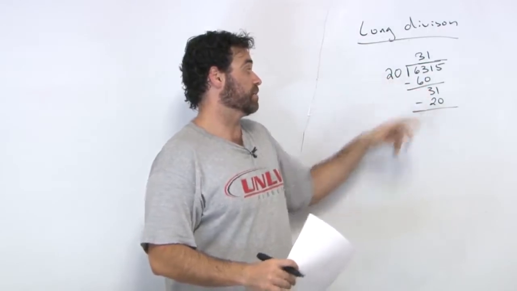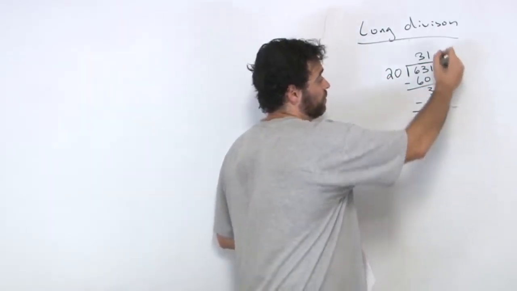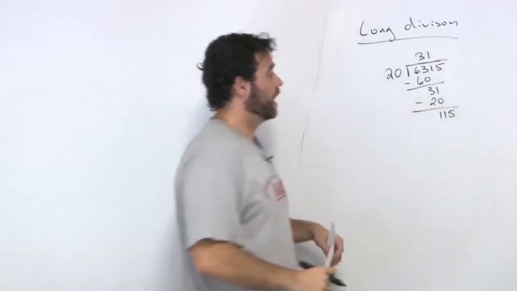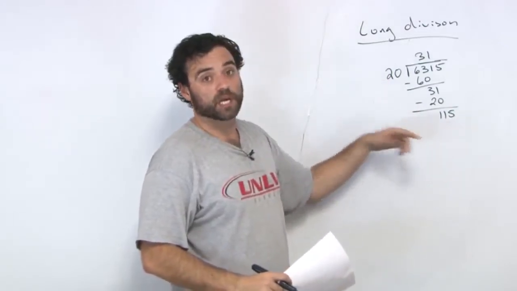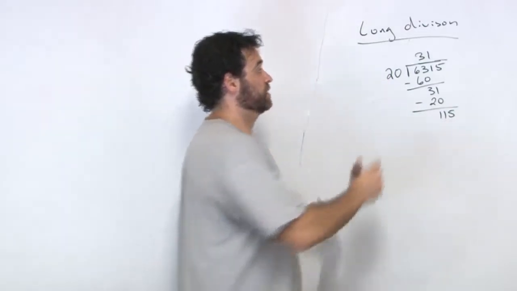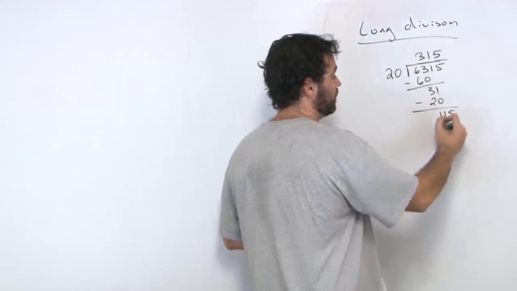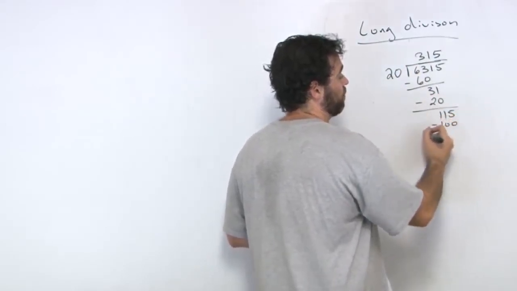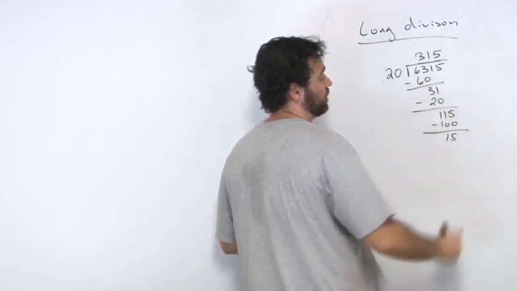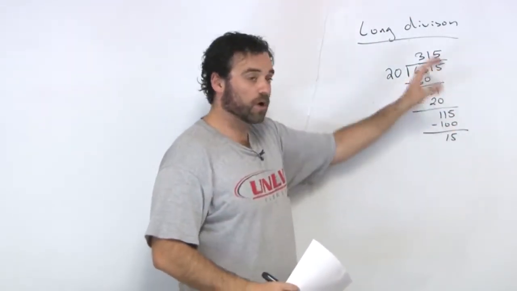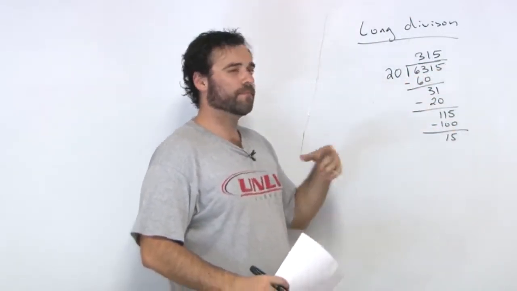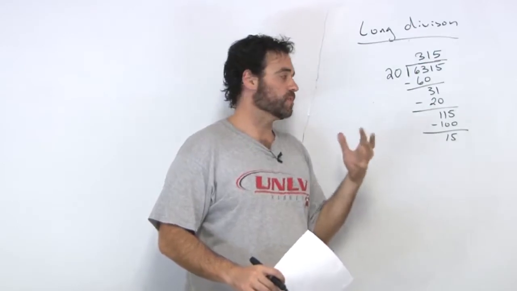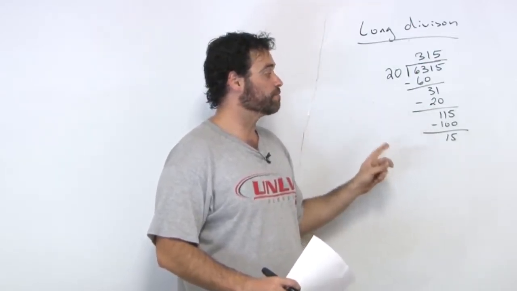So that becomes 11. Bring down the 5. 20 goes into 115. That's 100. That is 5 times. That is 100 minus 15. We could put a decimal here, keep going, get a decimal. But remember, when you were in elementary school, they taught you about remainders, and this is important.